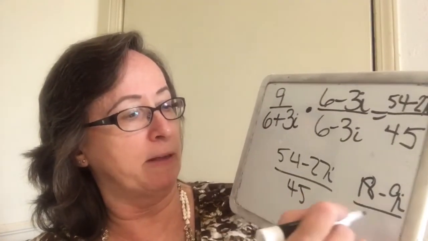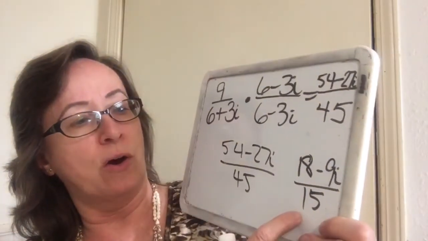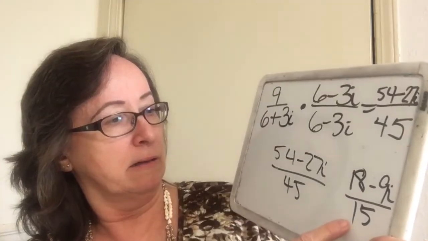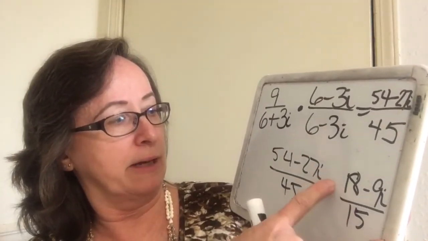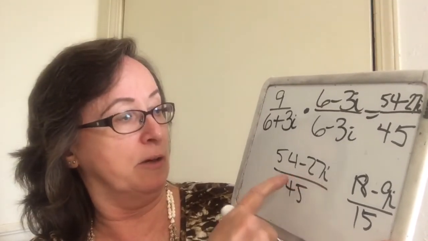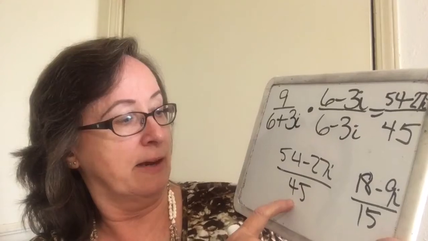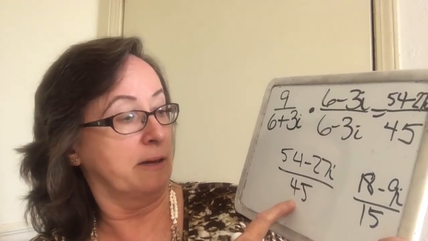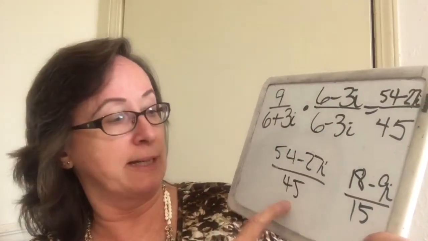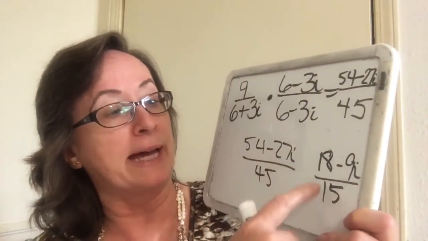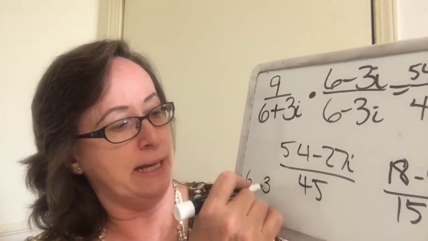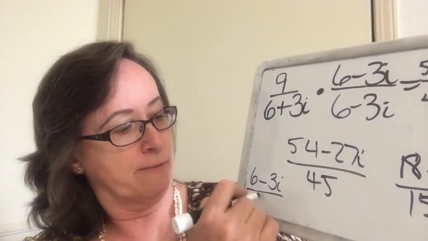And 45 divided by 3 is 15. Okay, we still have a common factor of 3 in all of them: 18, 9 and 15 each have a 3 in them. So we're going to divide by 3 again. And we're going to get 6 minus 3i over 5.